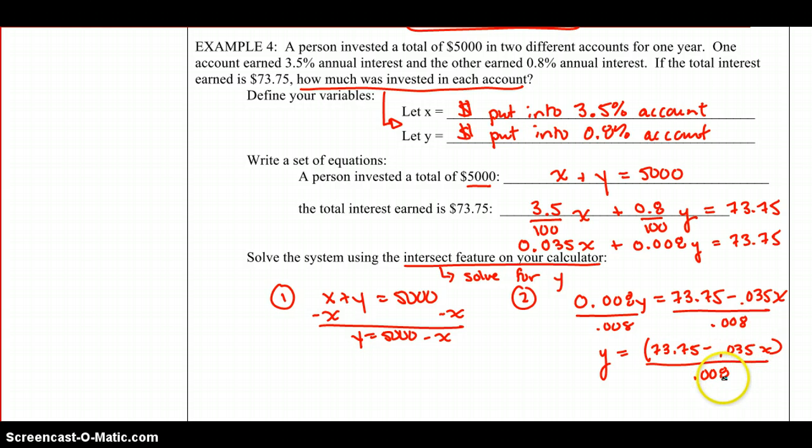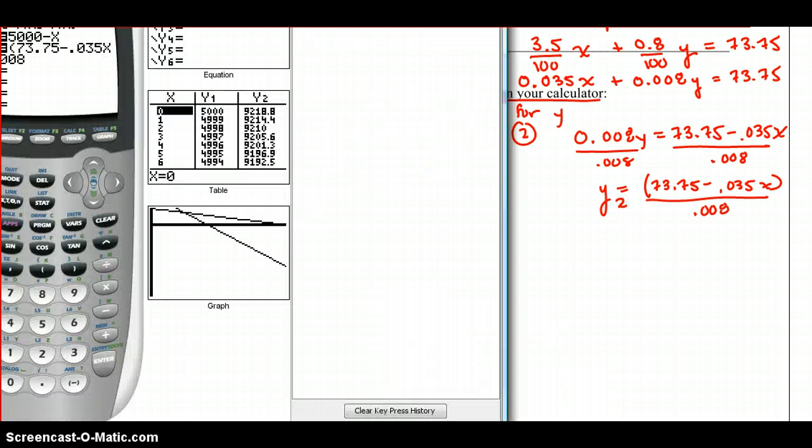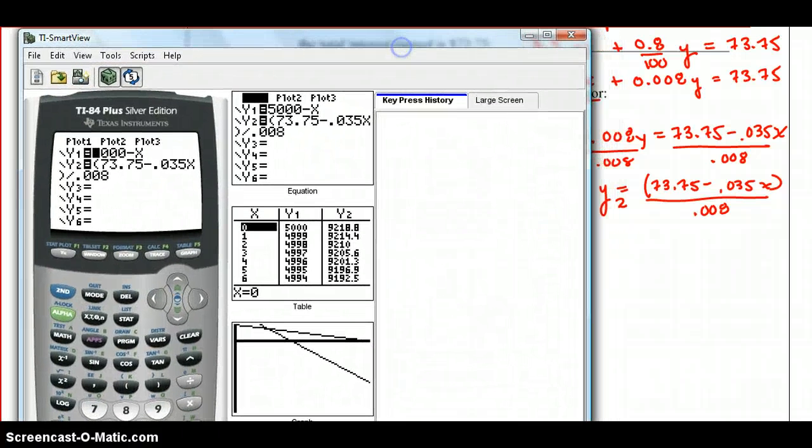We could simplify, but to solve for Y we just need Y equals some expression with no Y, so this is good enough. On our calculator, we push Y equals and put the first equation next to Y1, which is 5,000 minus X, and the second next to Y2, which is 73.75 minus 0.035X in parentheses, all divided by 0.008.